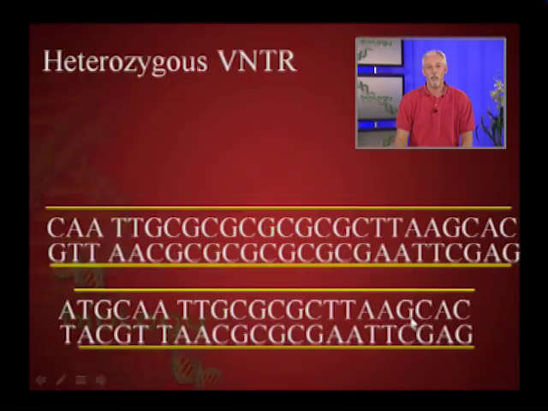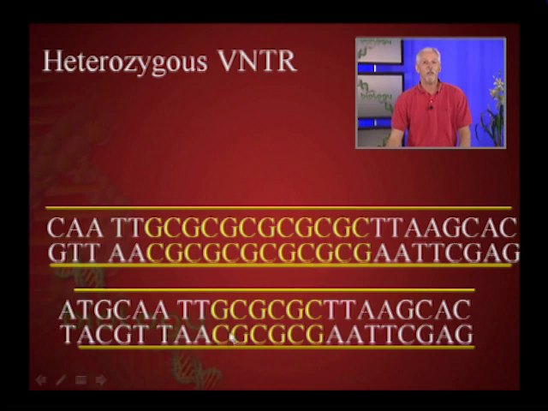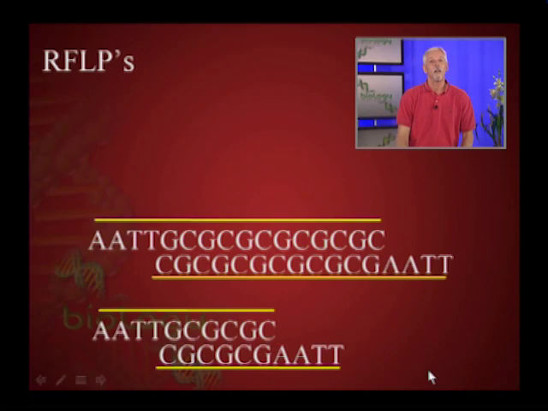Now, if we compare this to an individual that's heterozygous for the particular VNTR, again, if we target where the variable number repeats are, this individual inherited a chromosome from mom where there are 6 repeats, from dad 3 repeats, and if we target that VNTR with a restriction enzyme that cuts on either side, that will also produce fragments, RFLPs.